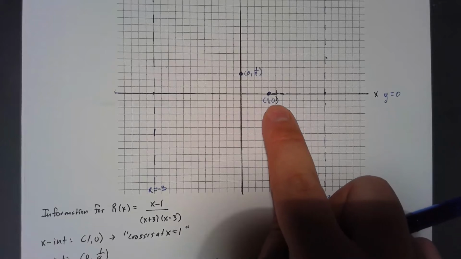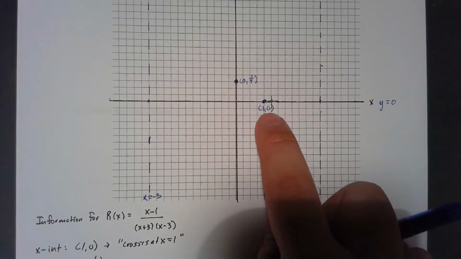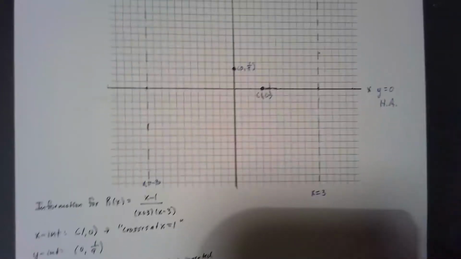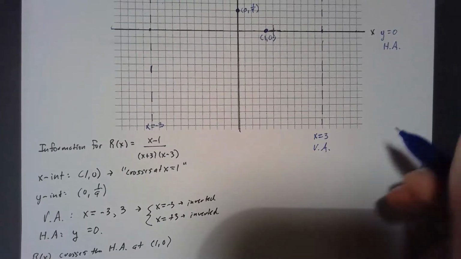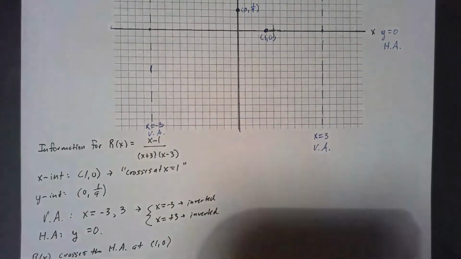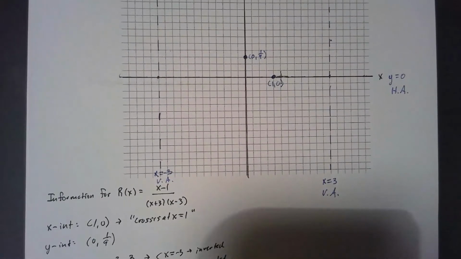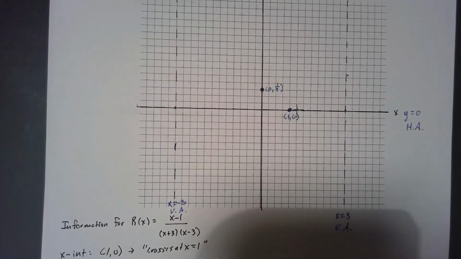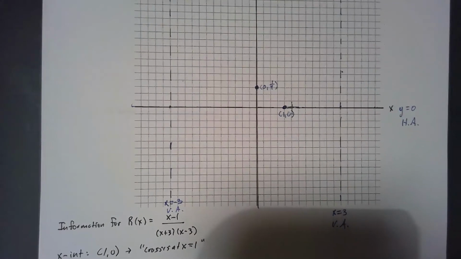So it makes sense that 1 comma 0 is on the horizontal asymptote. And this is a vertical asymptote, and that's a vertical asymptote. Okay. So now that I have my intercepts and asymptotes, I'm ready to graph my rational function.